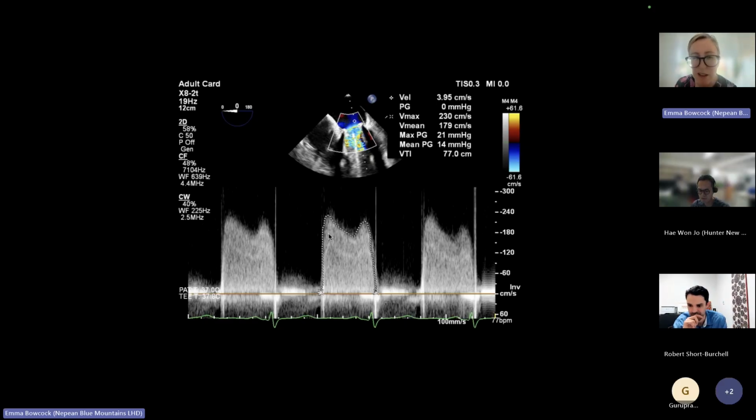And there are some things that you would look at in terms of the size of the thrombus on the valve. There are some studies that have looked at surgical intervention versus thrombolysis, depending on the size of the thrombus.